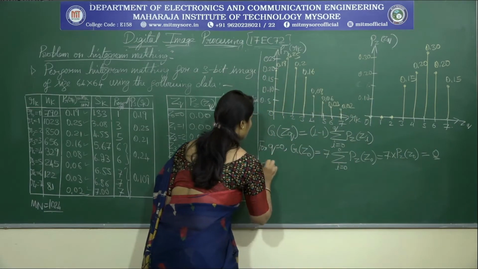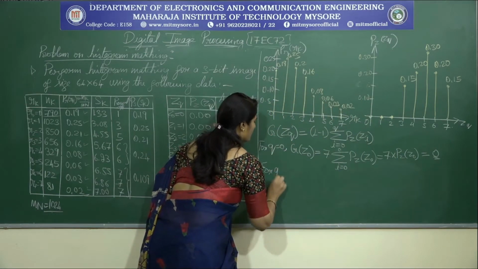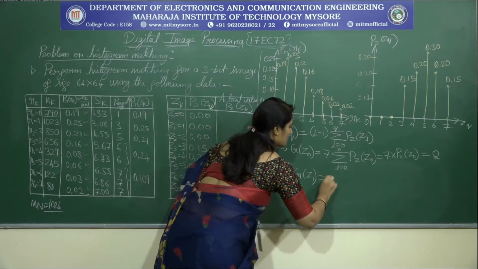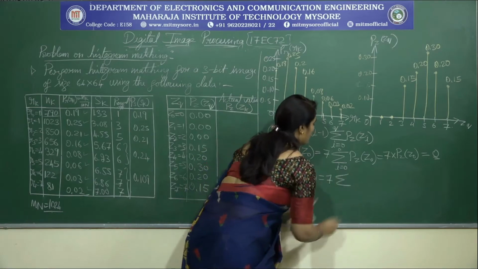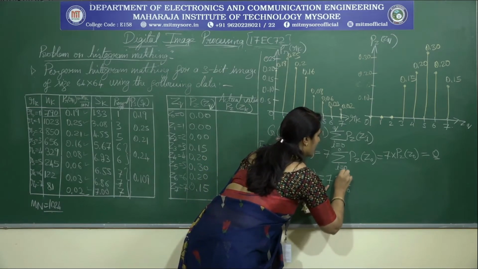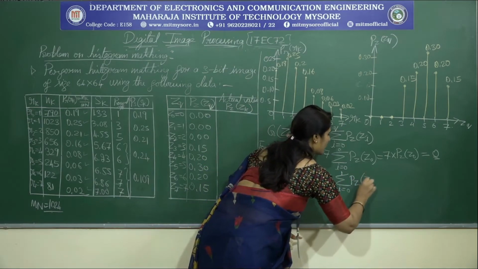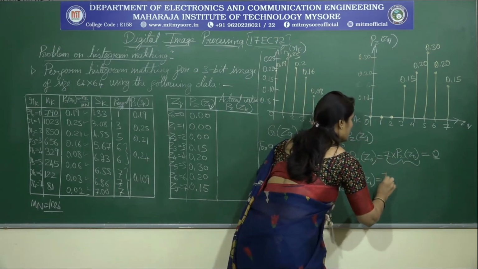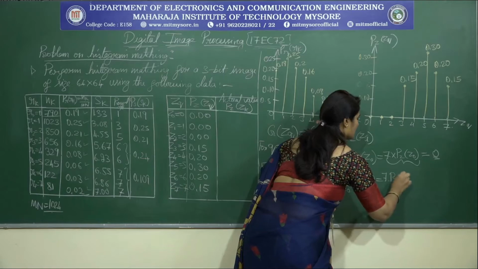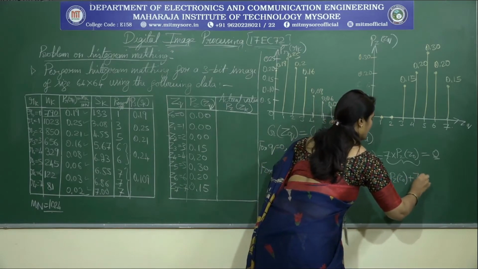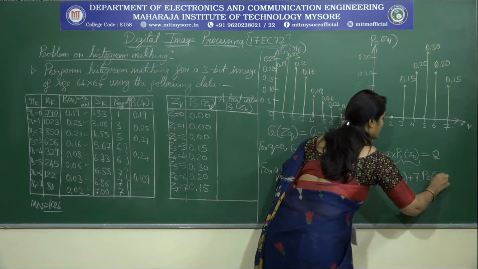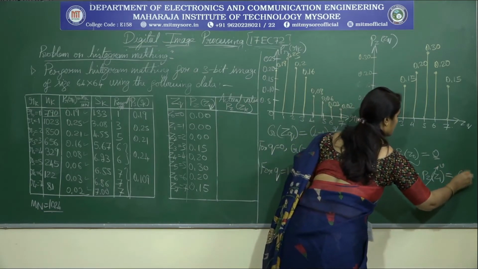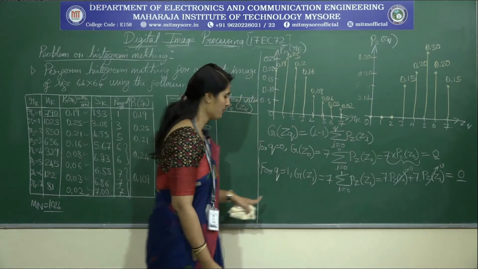Okay, so for q is equal to 1, G of z1, again using the same formula, i equals 0 to 1 Pz of zi, which is equal to 7 into Pz of z0 plus 7 into Pz of z1. Even this is 0, this is 0, therefore the result is 0.